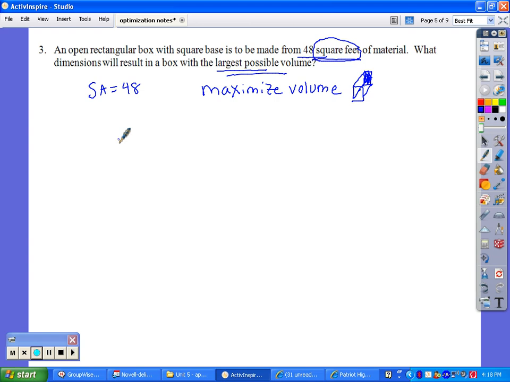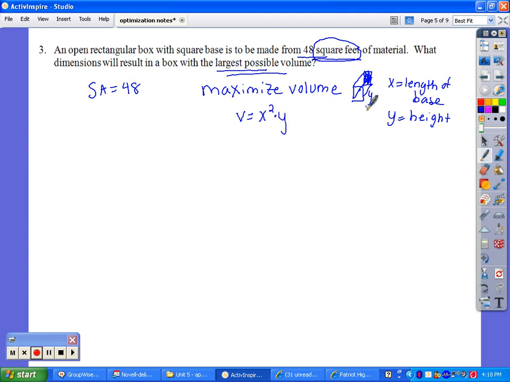So if we think about this, volume, again, is the area of the base times the height. So let's let x equal the length of the base and y equal the height of the box. So the volume would be the area of the base, which is x times x, or x squared, times the height. So that gives me the volume.